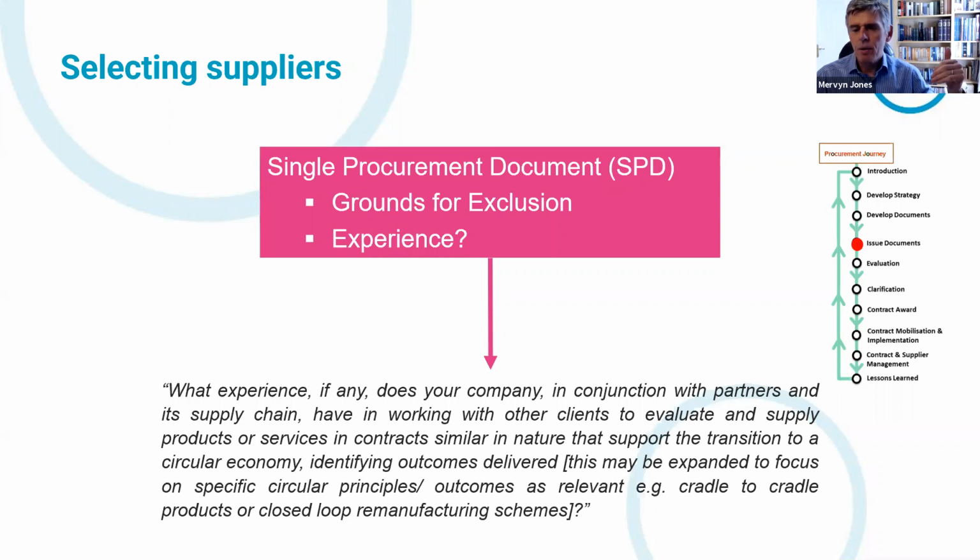So whether it's through a framework or whether you're just trying to set gateway criteria to select suppliers, for example, understanding how suppliers are going to help deliver specific targets that you've got, and how they are matching in to your ambitions, to your policy goals and objectives.